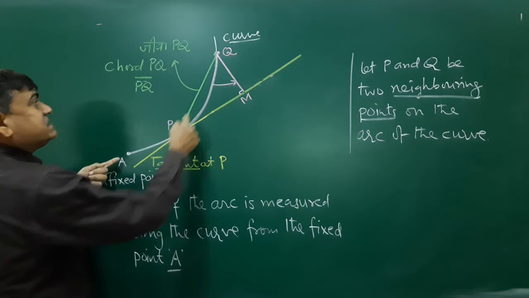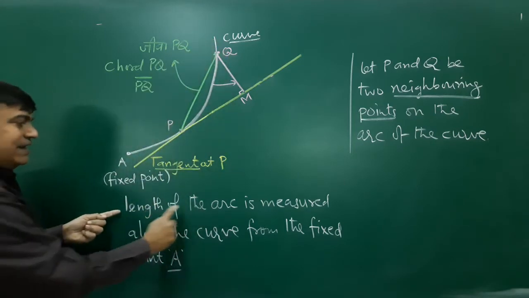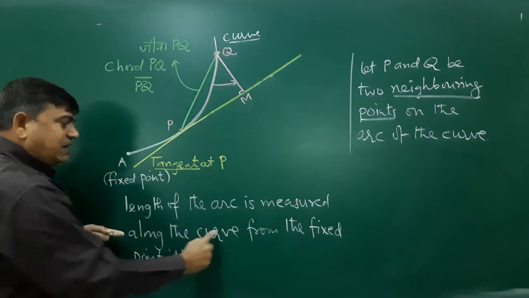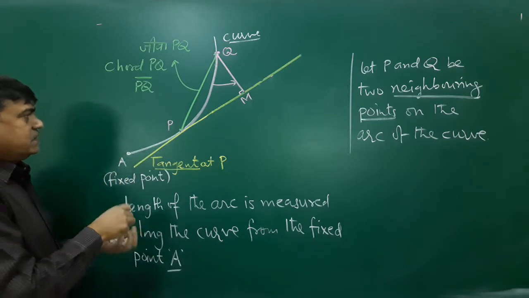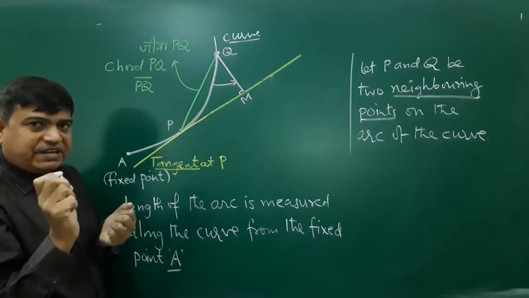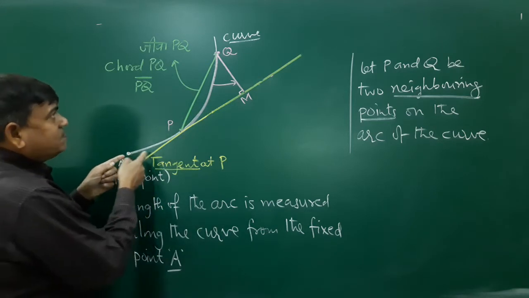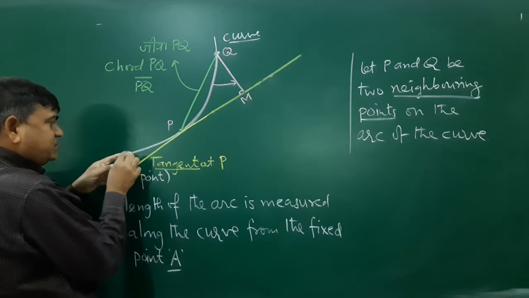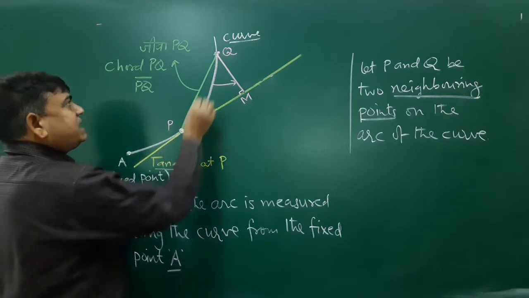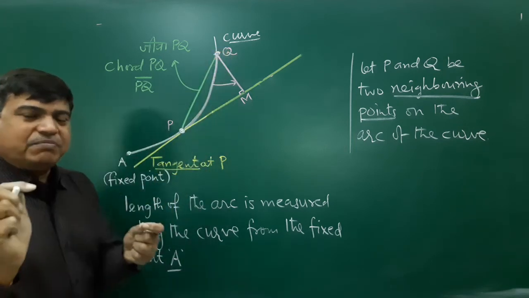Remember, this is any curve. Length of the arc is measured along the curve from the fixed point A. A fixed point है और चाप की जो लंबाई है वो हम इस वक्र के अनुदिश ले रहे हैं और ये पॉइंट A फिक्स्ड है. P and Q, these are two neighboring points.